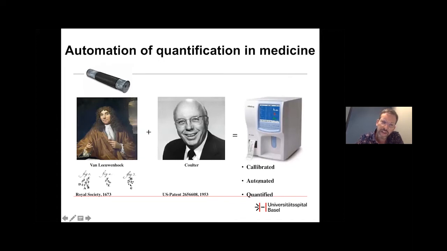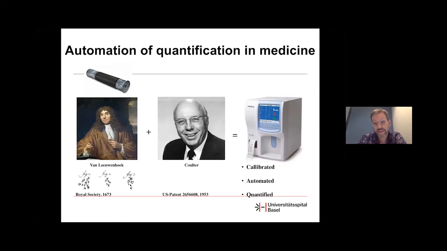And if you look at a lot of scientific projects, they basically start with the quantification. They take images, CT, MRI, microscopy, histopathology, it doesn't matter, and start quantifying. But they don't think at all about calibration and automation. And thus, it's neither reproducible nor scalable. So that's really a big problem.